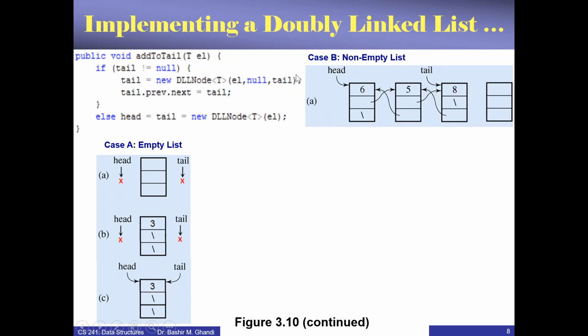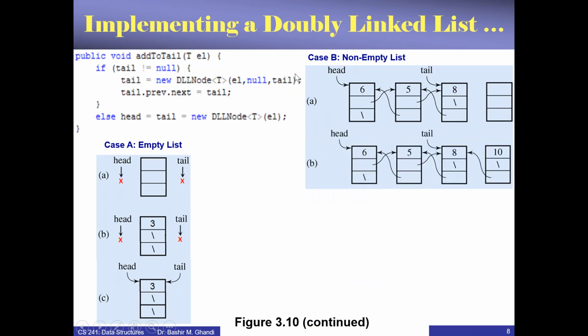This is basically what the constructor is going to do, as you can see in this B part of the diagram. So assuming we are inserting 10, so 10 will go to the info. Null will go to the next, and tail will go to the prev. So prev and tail will point to the same node. That's what we mean.